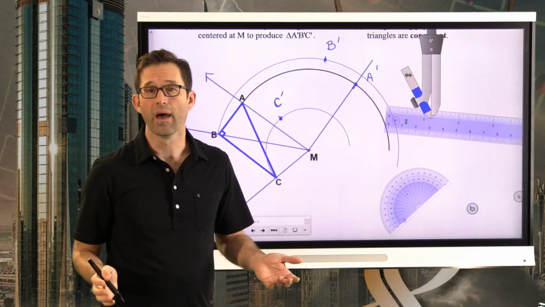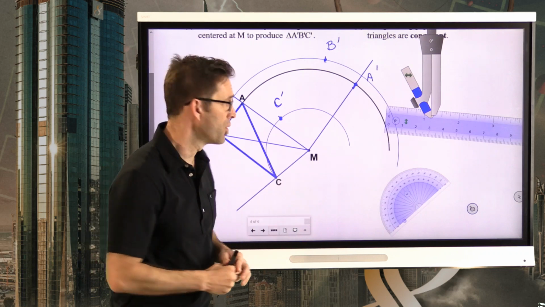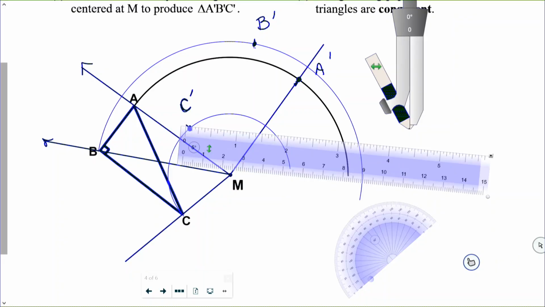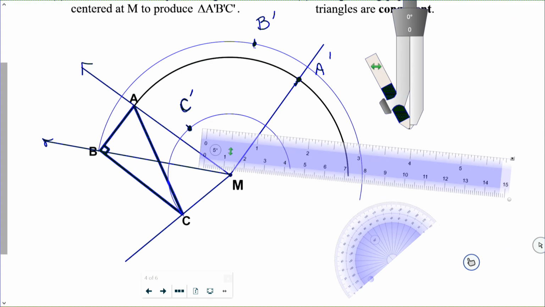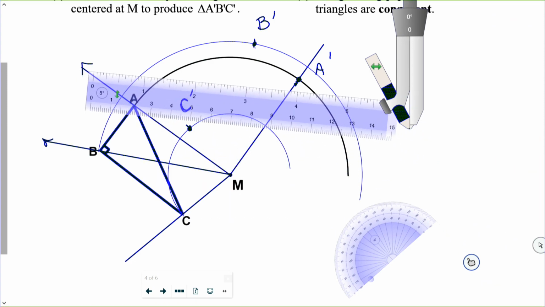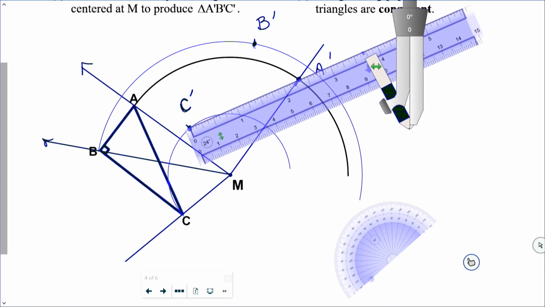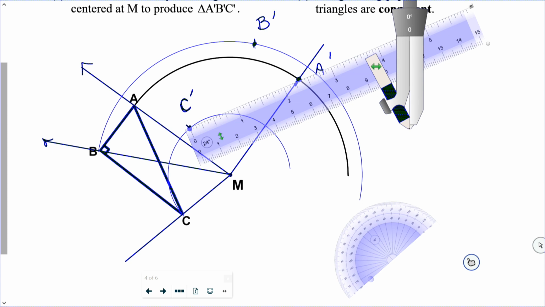Now, the only issue we have at this point is just connecting them all with line segments. Let me do that relatively accurately. Normally, I would just freehand something like this, but I really want to do it here a little more accurately. So I've got that nice triangle sitting there. Here.